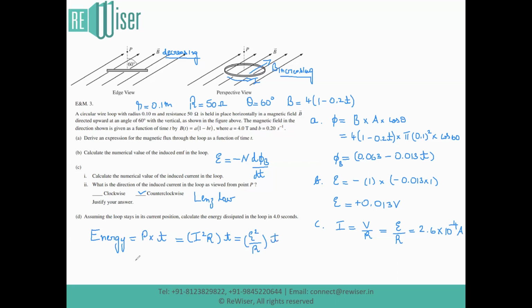No matter which equation we use, we are going to end up with the same value. Here time T is 4 seconds, by the way. The value of energy is going to be 1.4 into 10 to the power of minus 5 joule. So this concludes the answer to our question.